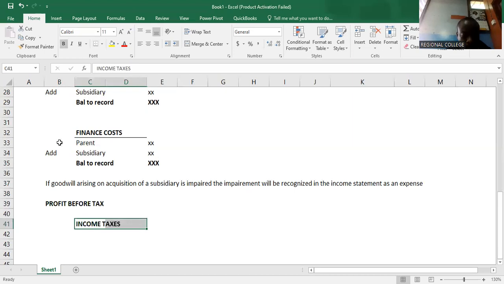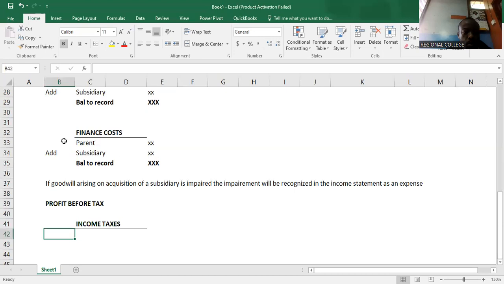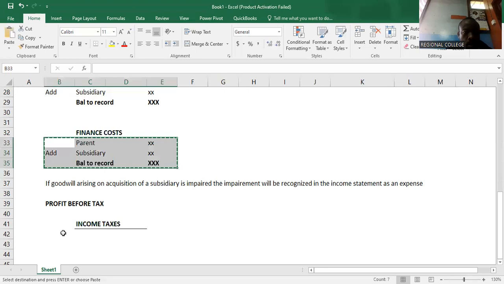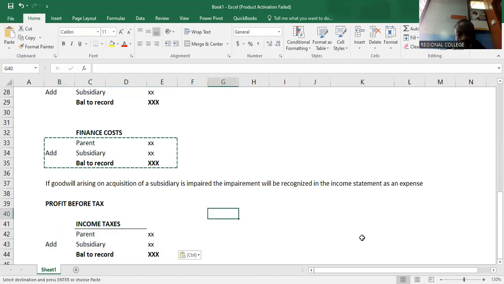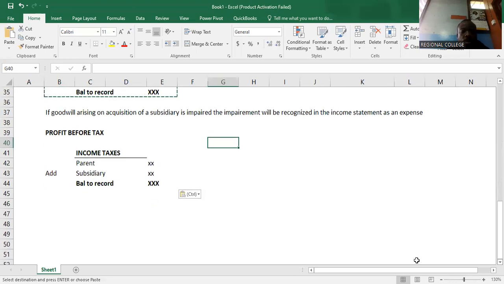You just do the same: the parent value, add the subsidiary value, the combination of the two. Then from there, you can get your profit after tax.